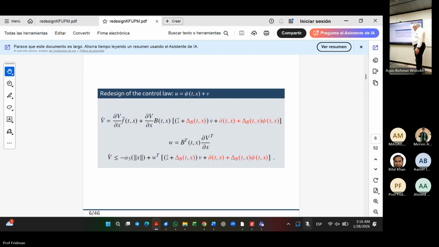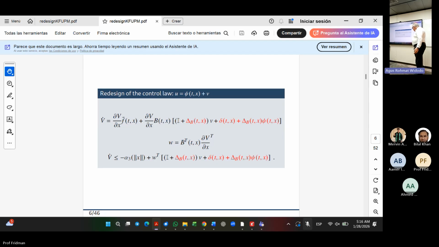Let's see what has changed when we are searching for the derivative of the Lyapunov function. We have found the derivative of the function. And what will we have? We will have this term which can change the negative definiteness of the derivative of our Lyapunov function.